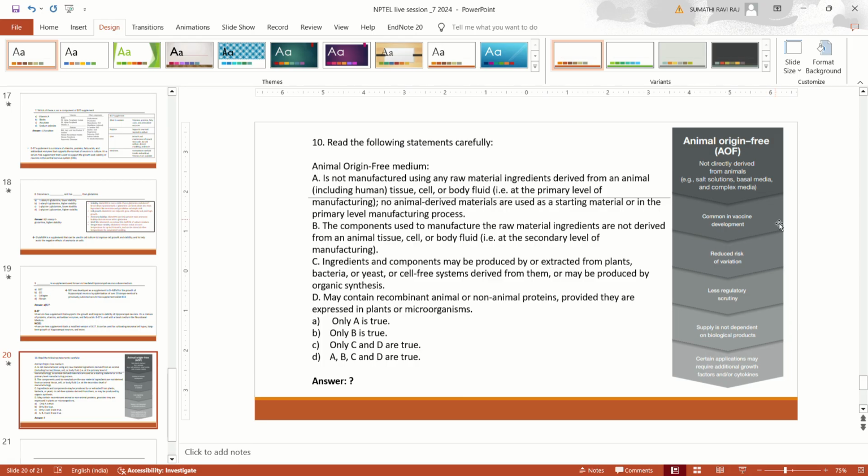Why do we use this? Based on the applications and the advantages of this, you can decide what should be true and what cannot be true. So what is the main purpose of this, or what are the major applications for this? It is common in vaccine development. So you should know, if you're using this for vaccine development, should it have components from different human, animal, etc., or not.